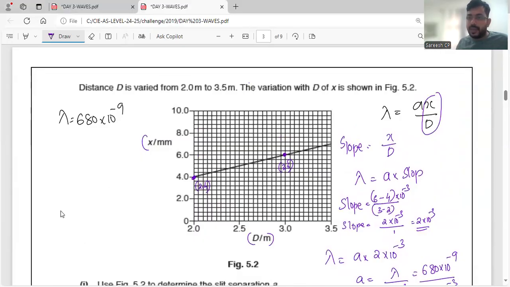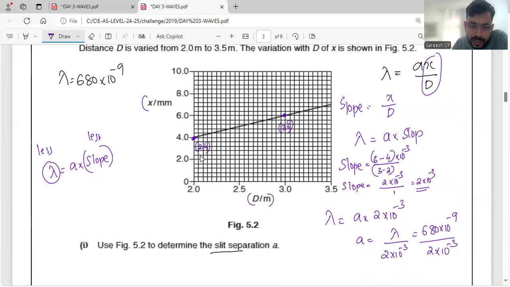We can say our idea is lambda is equal to A into slope. So if lambda is less in the new case, then I can say the slope should also be less. The value of the slope should also be less. So definitely we can say that it should be a lesser slope.